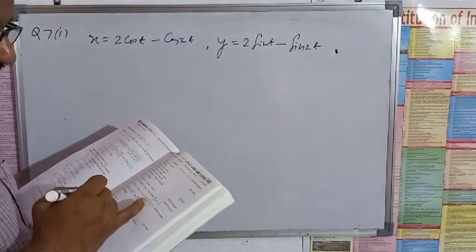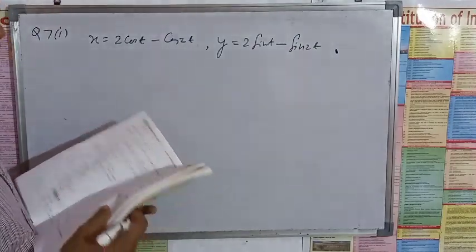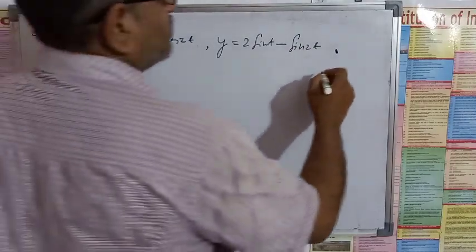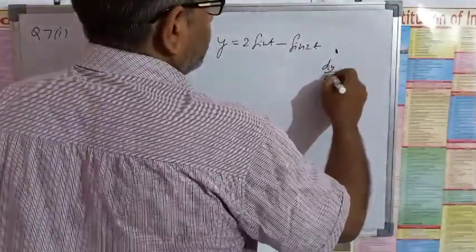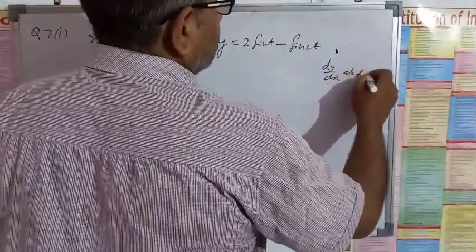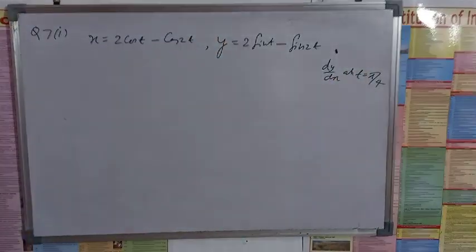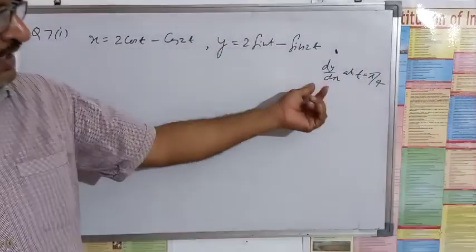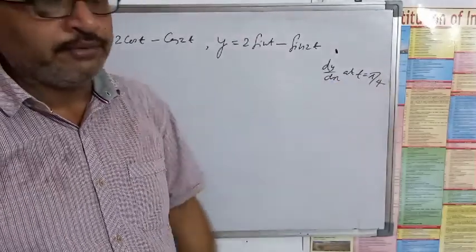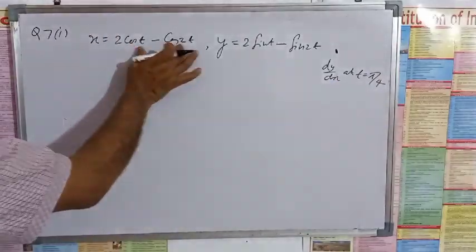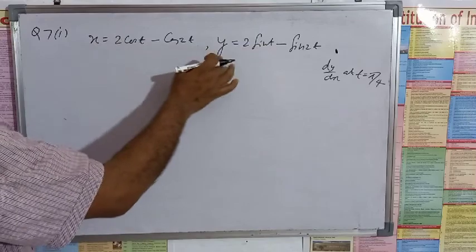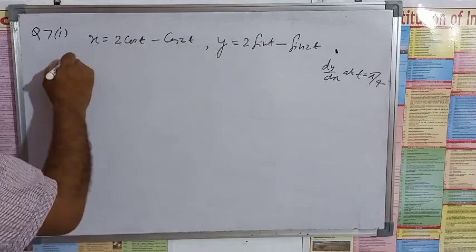We have to find dy by dx at t is equal to pi by 4. So first we find dy by dx, and after finding it, we will put t is equal to pi by 4. The parameter is t here, so differentiating both functions with respect to t.